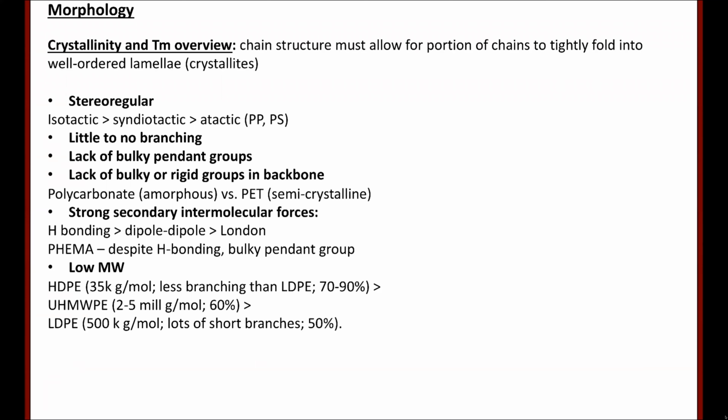But you're right. When we go to low density polyethylene, we have lots of short branches, so it doesn't pack as well. The high density has less branching, so we can pack it so it's more crystalline. That's why it's at 70 to 90%. The ultra high molecular weight does have a smaller bit of branching, but it's a high molecular weight. Don't read too much into that one.